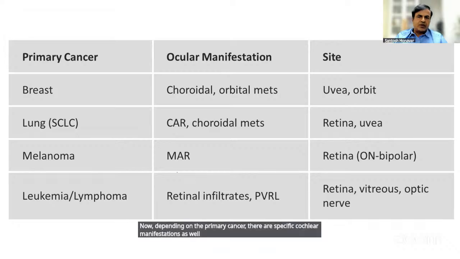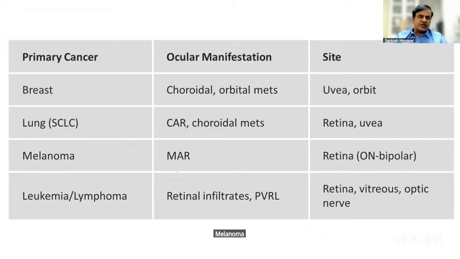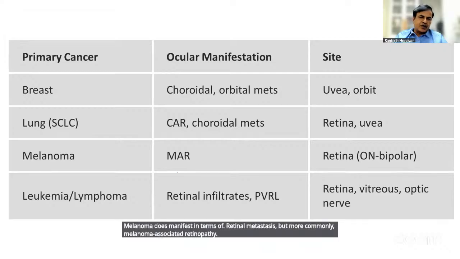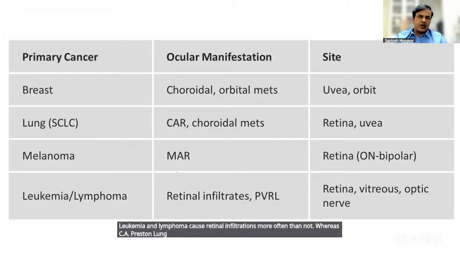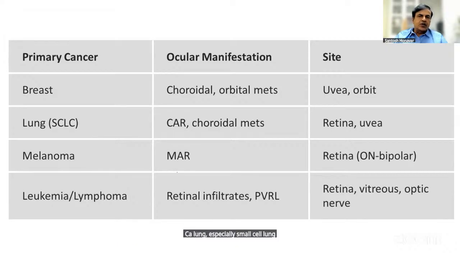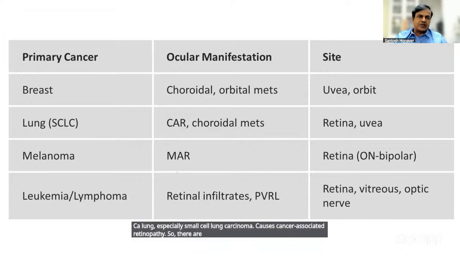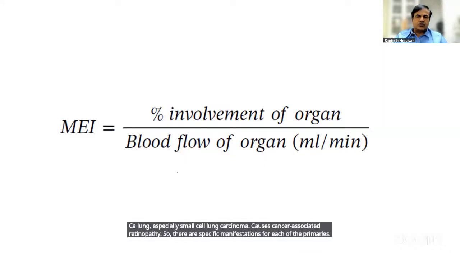For example, melanoma does manifest in terms of retinal metastasis, but more commonly melanoma-associated retinopathy. Leukemia and lymphoma cause retinal infiltrations more often than not, whereas CA breast and lung go into the choroid. CA lung, especially small cell lung carcinoma, causes cancer-associated retinopathy. So there are specific manifestations for each of the primaries that you should understand.